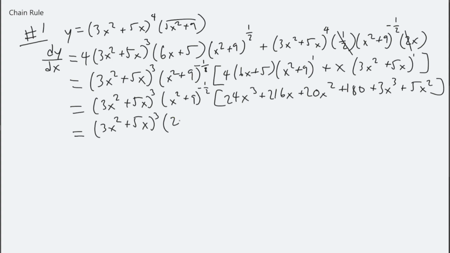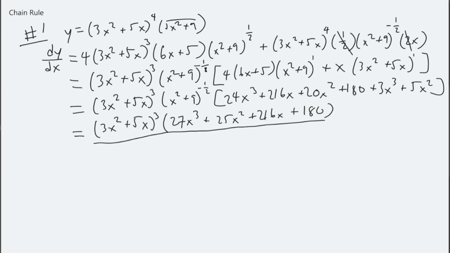We're going to simplify it to 27x cubed plus 25x squared plus 216x plus 180 all over our denominator of x squared plus 9. And actually, since it's to the exponent of a half, I can just write it as the root of x squared plus 9. And that is going to be our final answer.